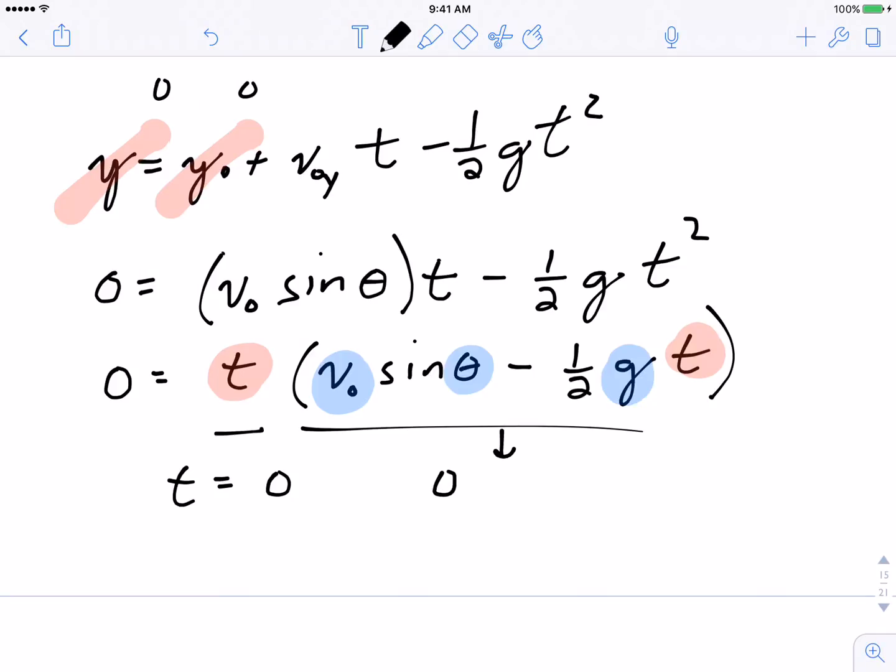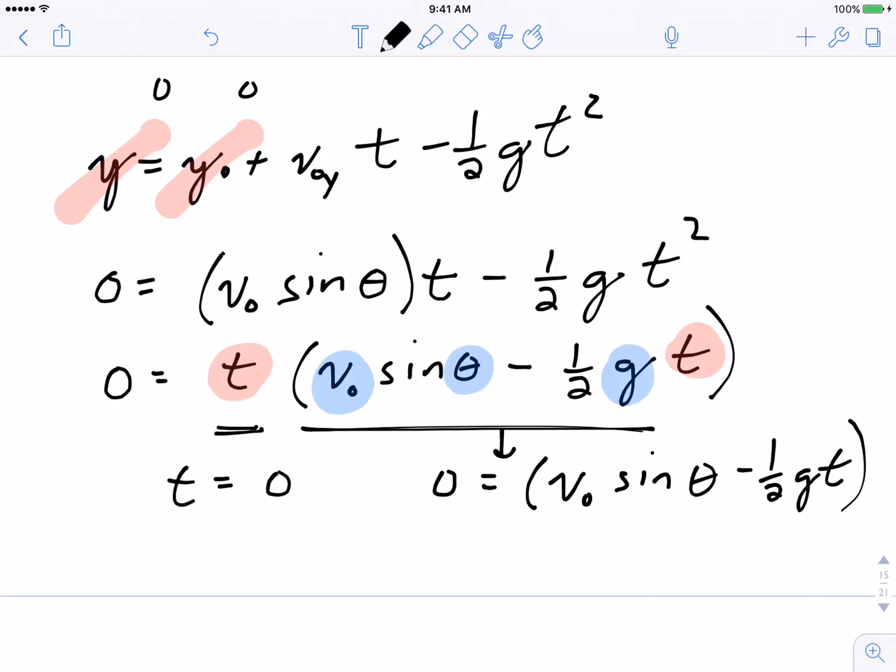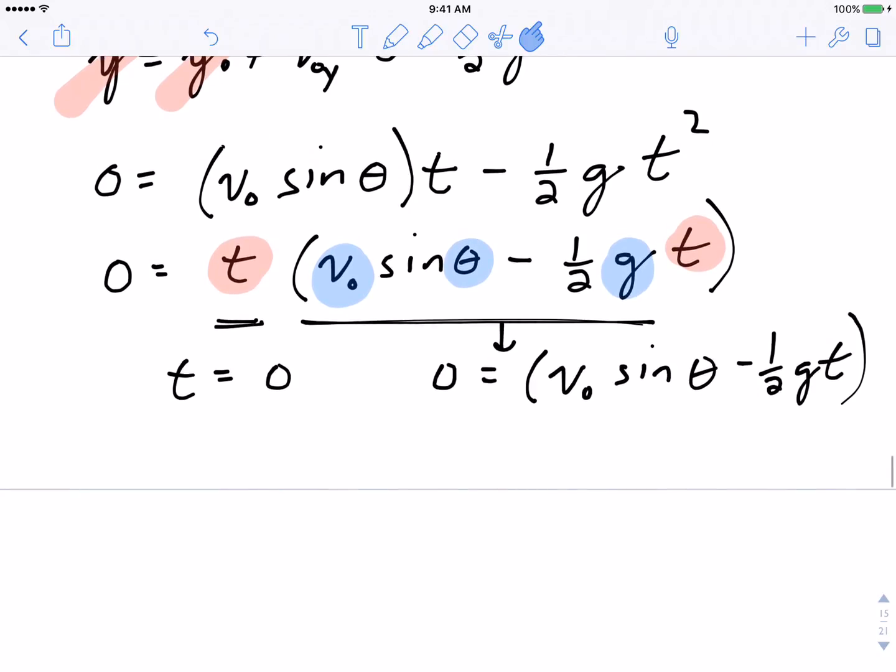Then I would be multiplying this term, 0, by whatever t is, and get 0 as an answer. So for that to be true, we'd have to say 0 equals VO sine theta minus 1/2 g t. So what would t have to be in order to get this to be 0?